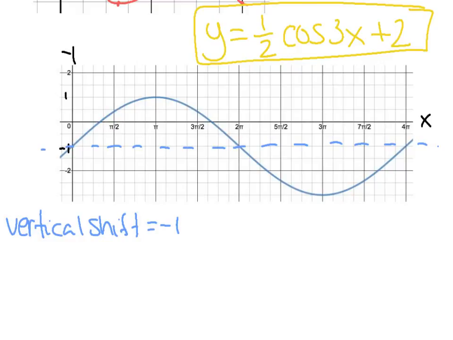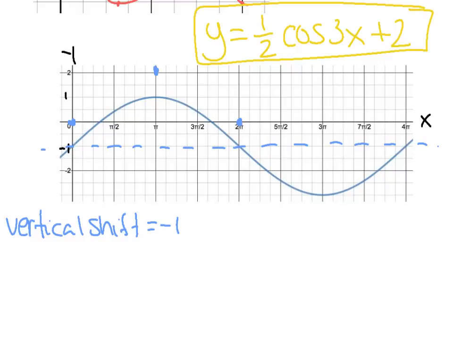So what I'm going to do now is visualize where my original graph was. If it shifted down 1, I'm going to move everything up by 1. So -1 goes to 0. And here at pi, instead of 1, I'm at 2. At 2 pi, instead of -1, I'm at 0.